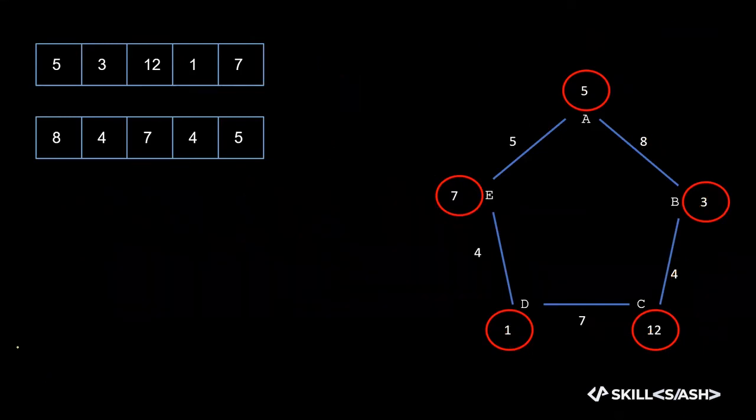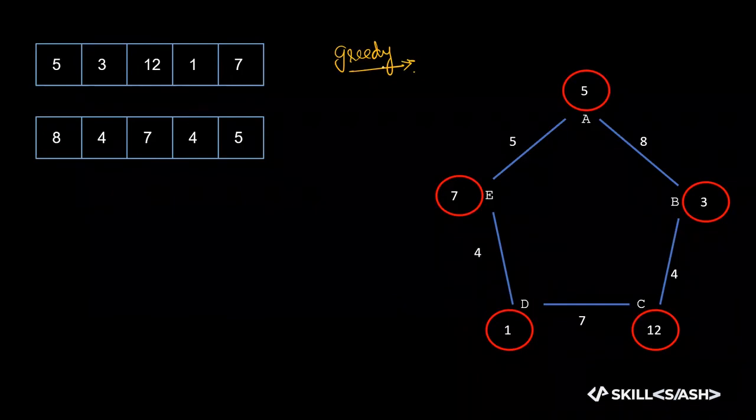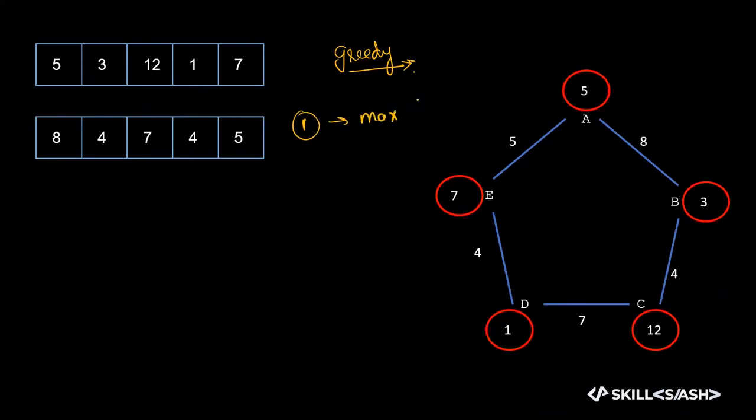So for that, let's think, what do we have? As we see, yes, greedy will give us the answer, but not exactly which one, that we have to think. Then let's think in a little bit different way. The first greedy approach that we thought is max petrol, right?